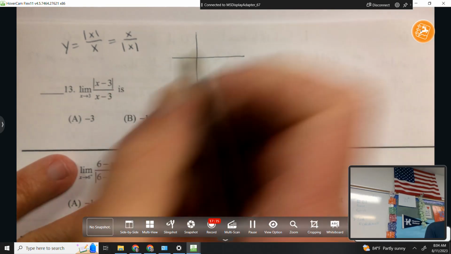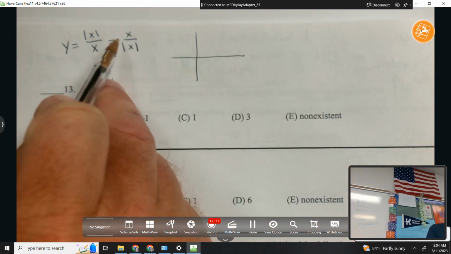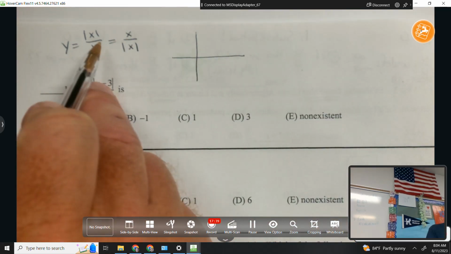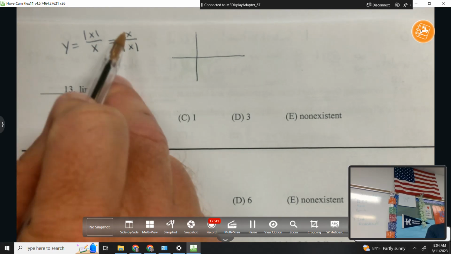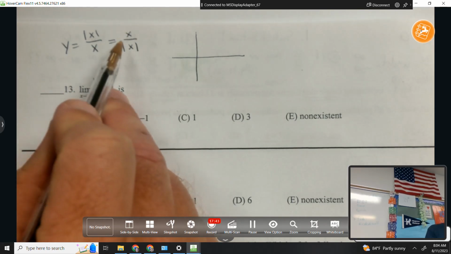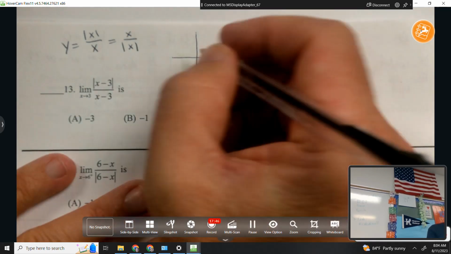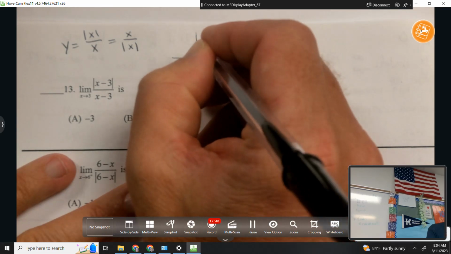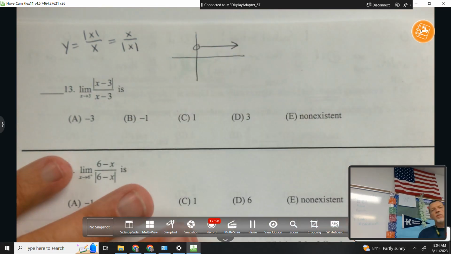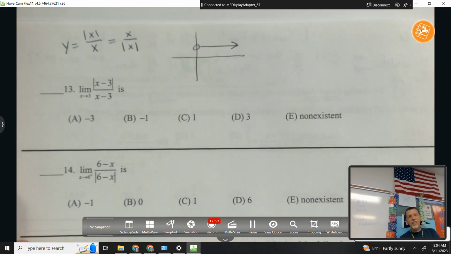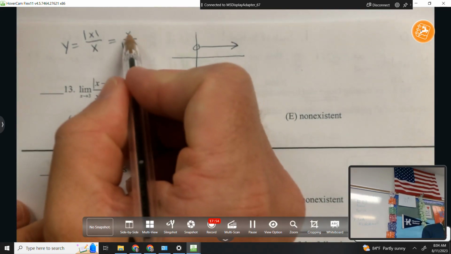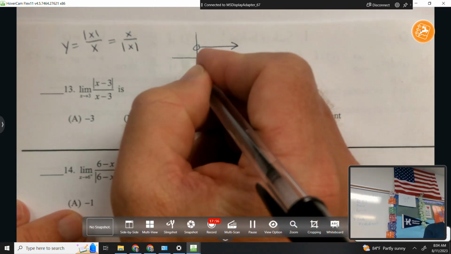I mean, I guess you could figure it out. If x is positive, so if x is 1 or 2 or 3 or 4 or 5, then x over x is just 1. If x is negative, so like negative 5 divided by positive 5, you get negative 1.